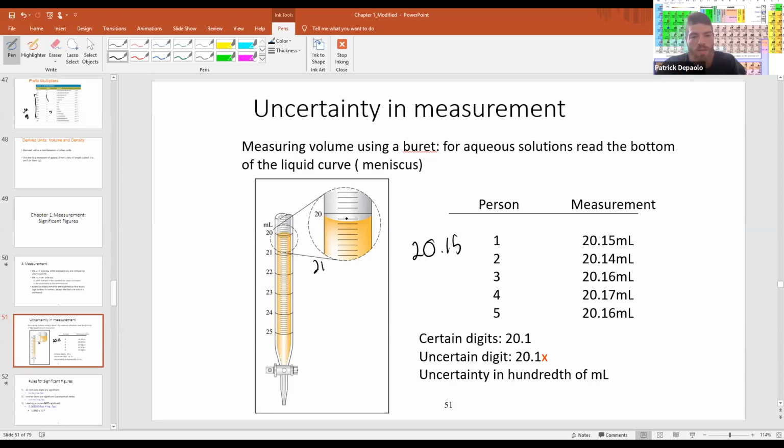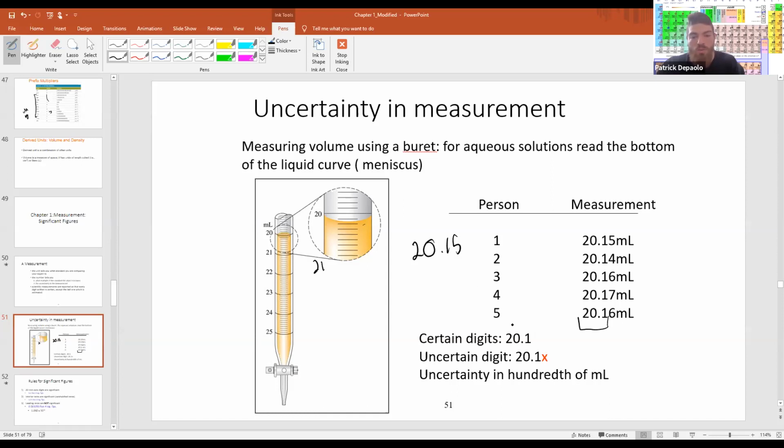So it's somewhere between 0.1 and 0.2, right there. But you don't know for sure. So I give this to each one of you, and one of you gets 20.15, one of you gets 20.14, 20.16, 20.17, whatever. The key thing here is that if everyone did it correctly, you're supposed to get 20.1. Those are the certain digits.